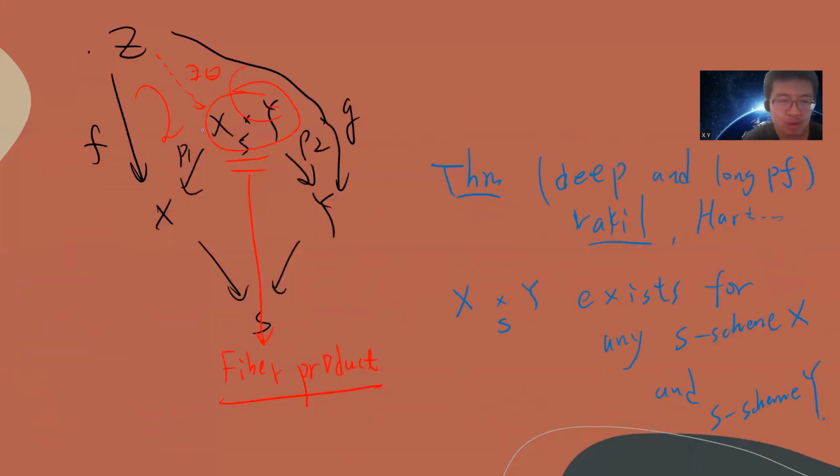Usually first you assume that X, Y, Z are affine, and if this works, then you try to decompose the general ones into affines, and check step by step. Hopefully, finally, you can prove that this big guy exists for general schemes.